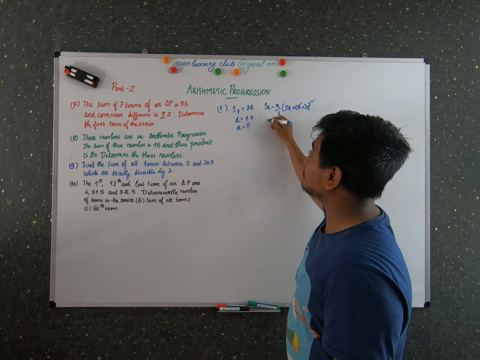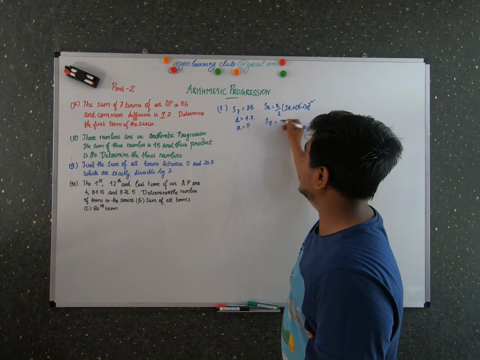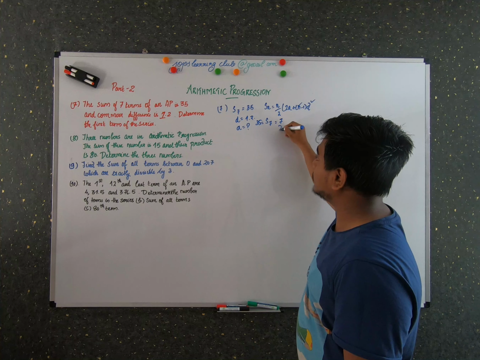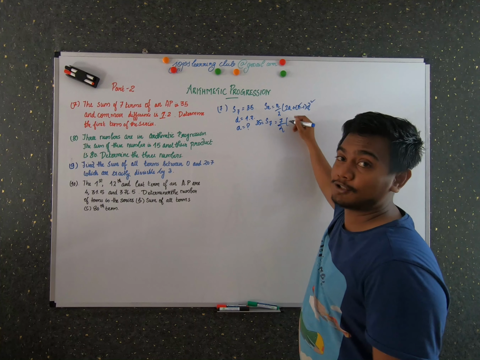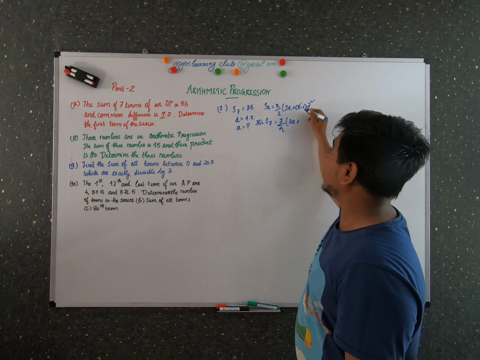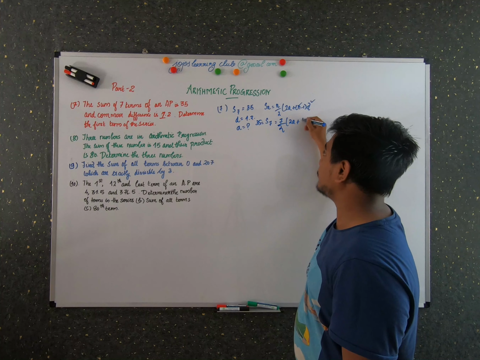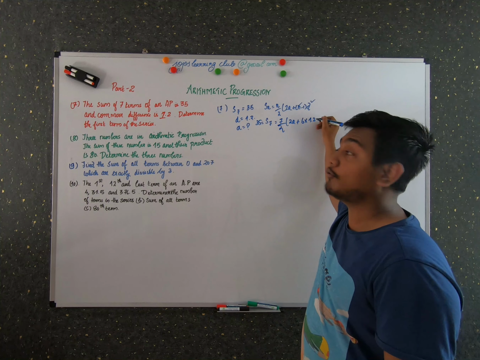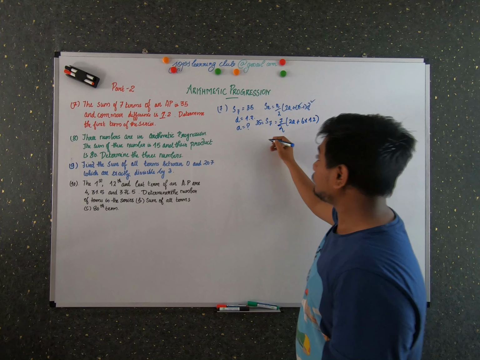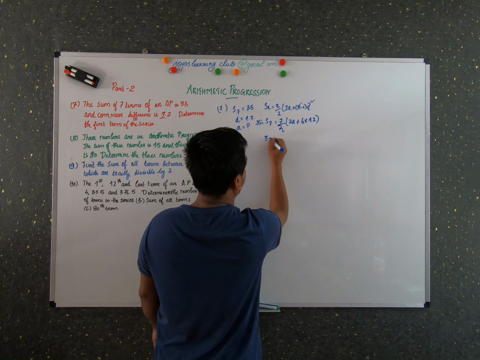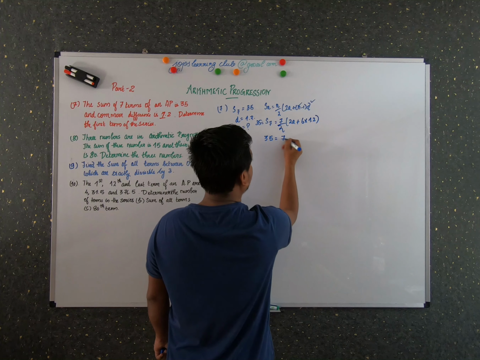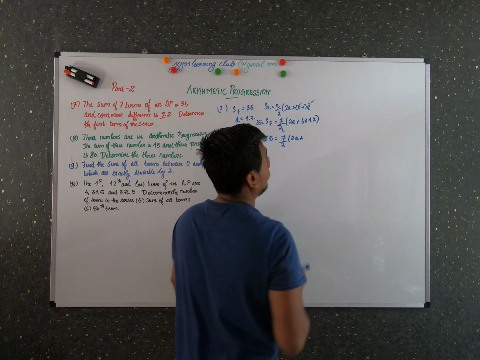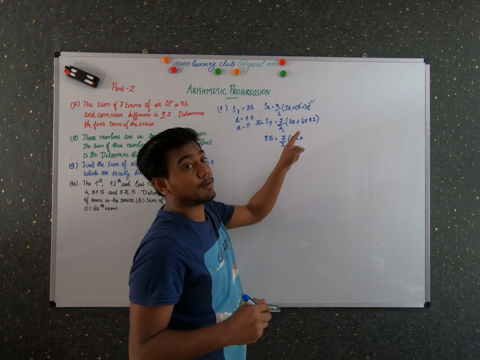Okay, so let's directly substitute. S7 is equal to 35. So 7 by 2 into 2a plus n minus 1, that is 7 minus 1, 6, into the common difference, which is already given, 6 into 1.2. So just substitute: 35 is equal to 7 by 2 into 2a plus 6 into 1.2, which is 7.2.